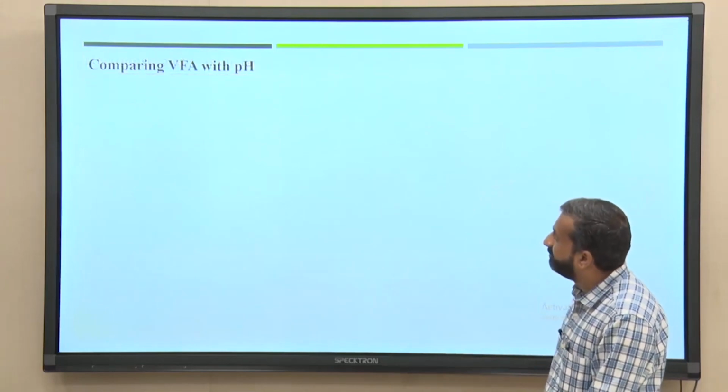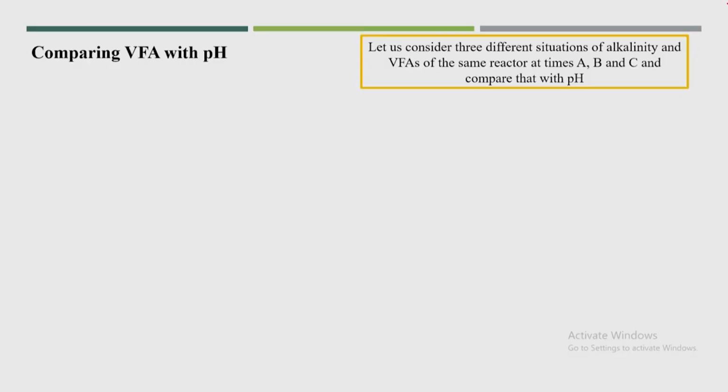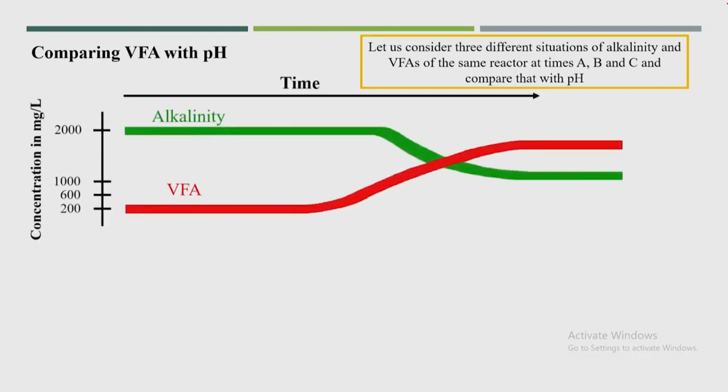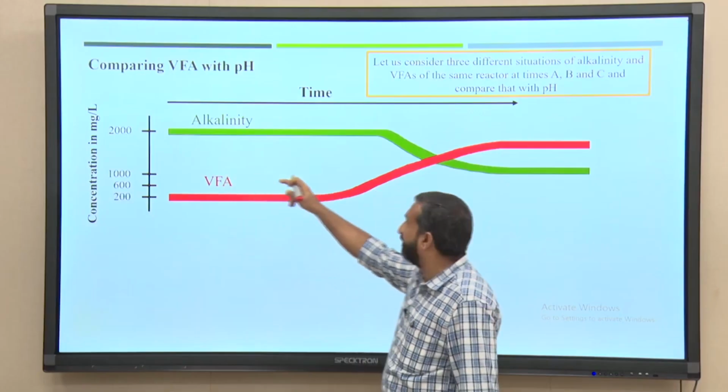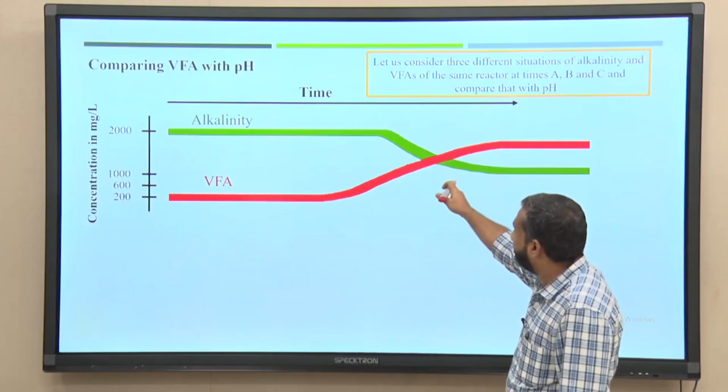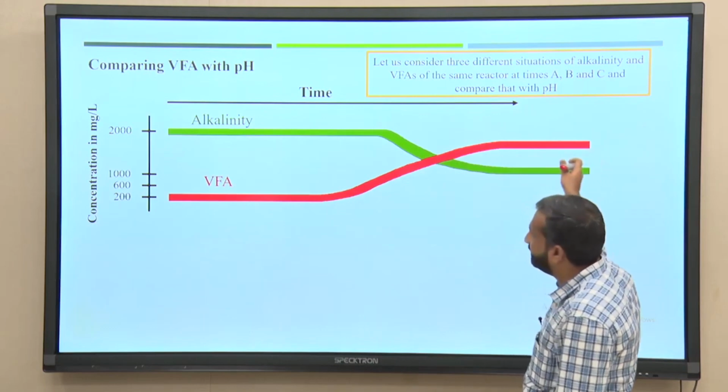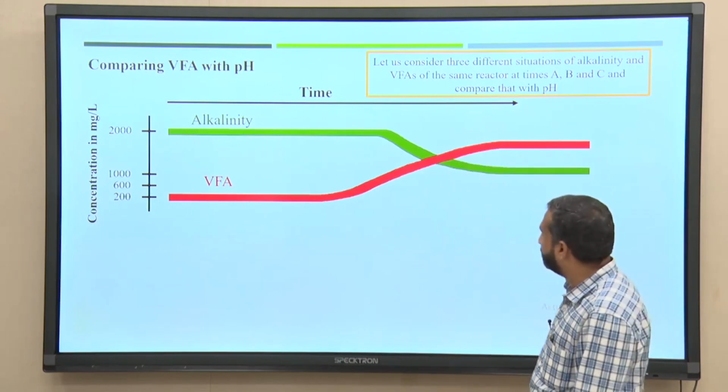And when you compare the VFA with pH, let us consider three different situations of alkalinity and VFA in the same reactor at times A, B and C, and then we will compare the pH of the reactor. When you started the reactor, your VFA was 200 milligram per liter and alkalinity was 2000 milligram per liter, but at one point the VFA has increased and alkalinity has been reduced.